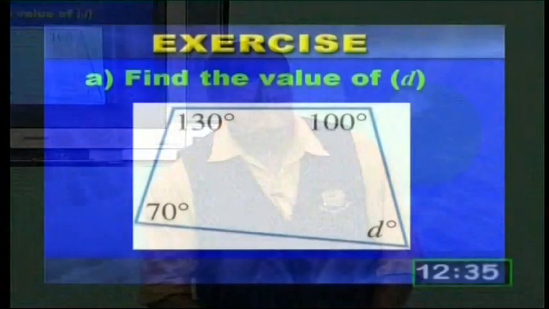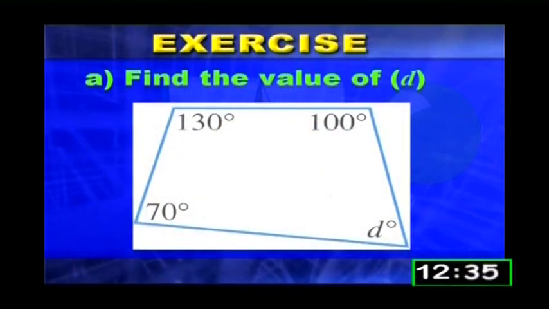Now we will move on to our activity. Receiving students and 7s, our activity or exercise. We have exercise A, which is on the board. I would like you to do that exercise. Find the value of D of this quadrilateral.